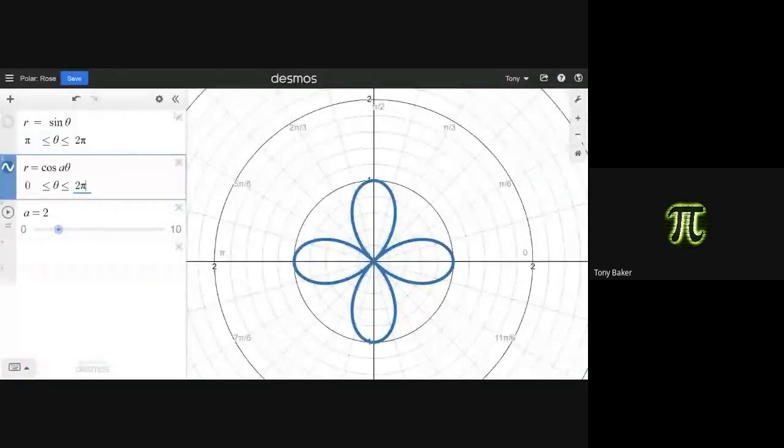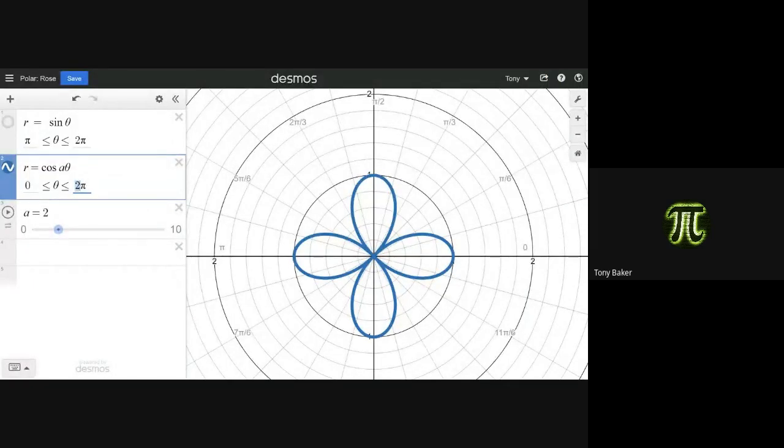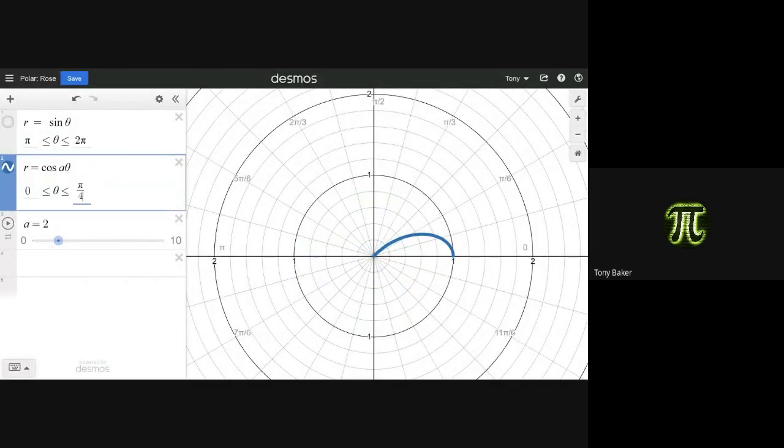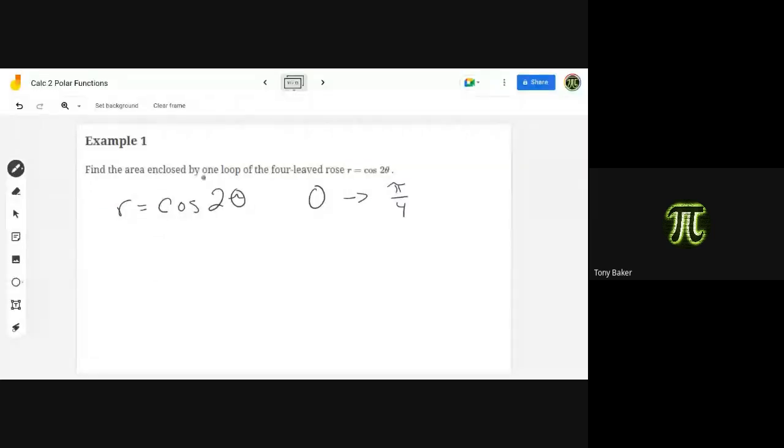If I'm looking for one loop, they only want one of the loops, so we take whatever this answer is and multiply it by 2, because that gives me one full loop of that flower.